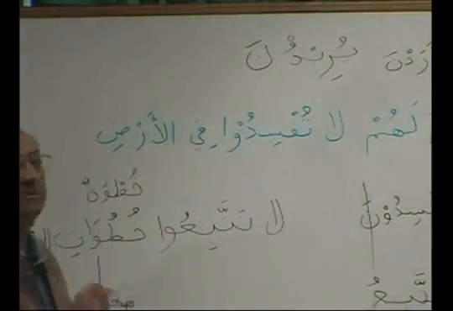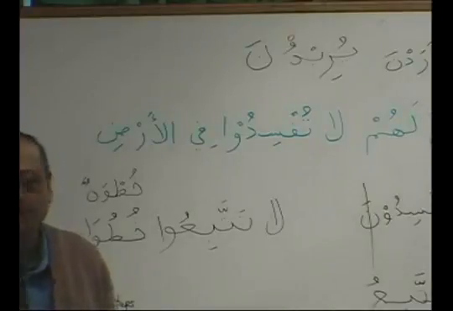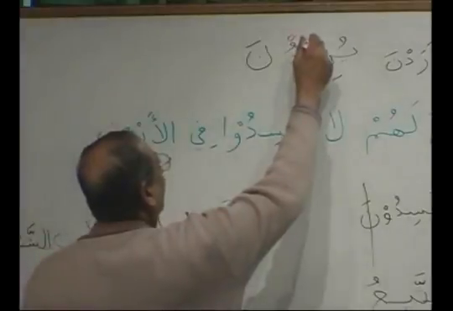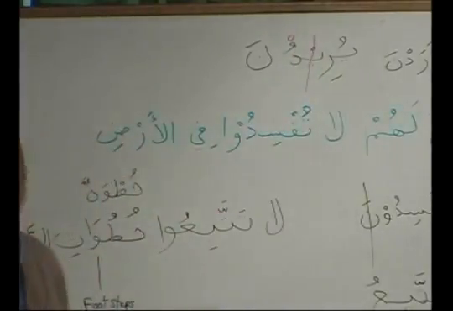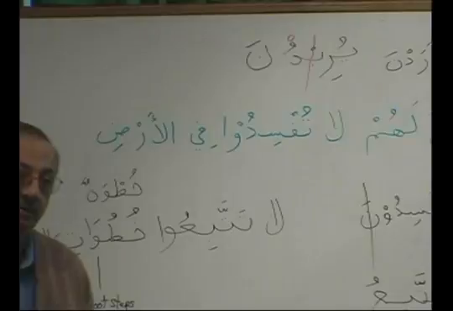As soon as I give dal a sukoon, we end up with 2 letters with sukoon. Iltiqa as-sakinayn, meeting of the 2 sukoons. That is not permissible in Arabic because you can't read them. So you drop the weak letter. What will you drop? If there is a ya or waw, you will drop it.